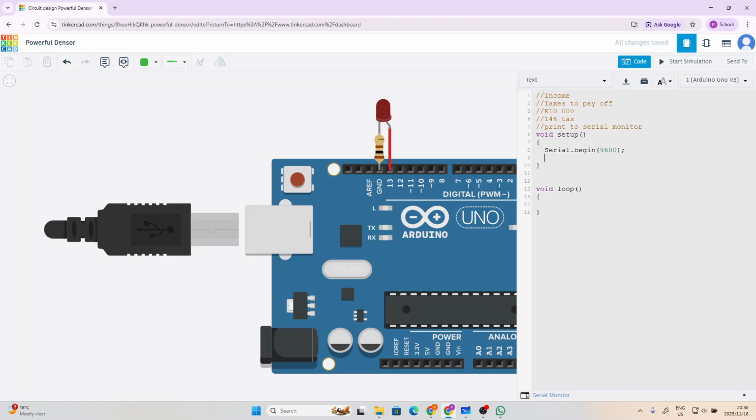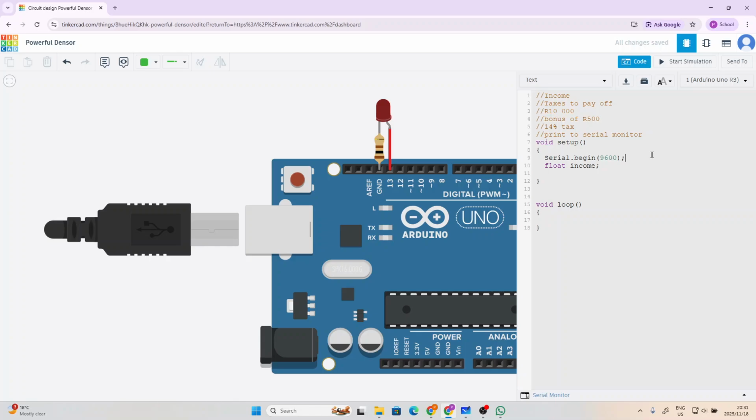Now, we want to declare float variables in this case because with a percentage tax, most of the time you're going to need decimals. Let's say then he has 10,000 Rand, he's going to get a bonus of, let's say, 500 Rand, and he has 14% tax to pay. Right. So we're going to declare a variable, a float, and we're going to call it income.